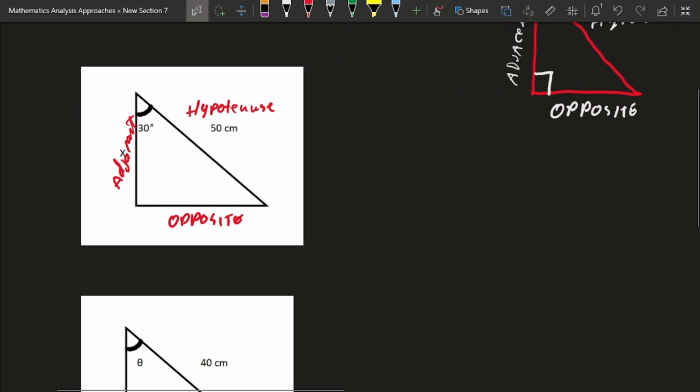So we use the cosine function. So what you need to do is to write down cos 30, because it's 30 degrees, is equal to, remember CAH, the adjacent, which is x, and the hypotenuse, which is 50.